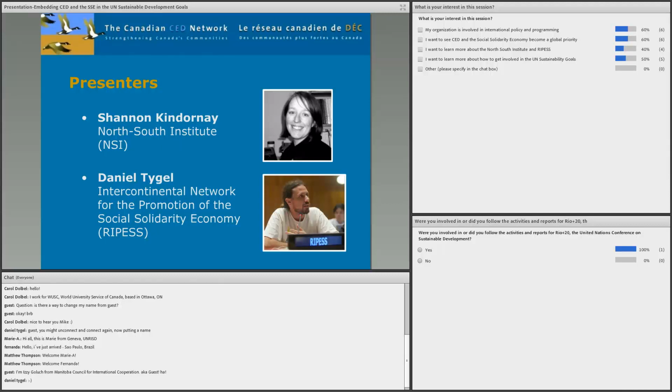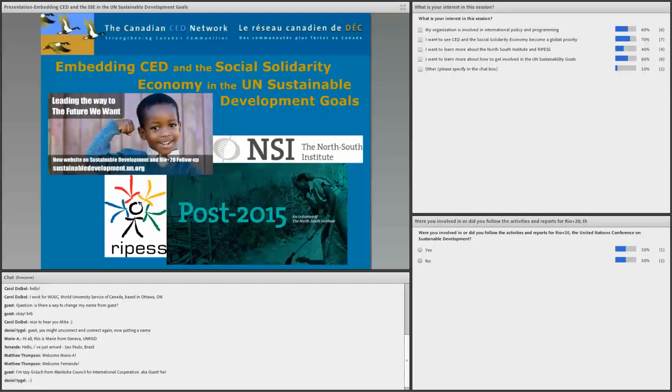While people are filling out the polls, let me just give you a brief introduction for the session. One of the main outcomes of the United Nations Conference on Sustainable Development held in Rio in June, almost 2 years ago, June 2012, was the agreement by member states to develop a set of sustainable development goals that address all three dimensions of sustainable development and which would be integrated into the UN Development Agenda beyond 2015.